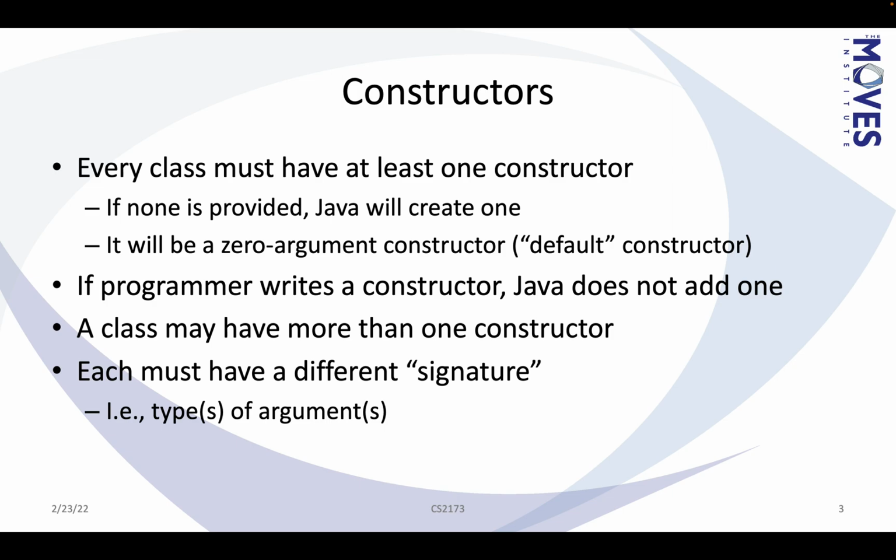One of the lessons learned from C++ was that you should always have a constructor. Always. So even though the language didn't require it, it turned out that was a best practice. And so Java took a lot of the best practices and made them required.